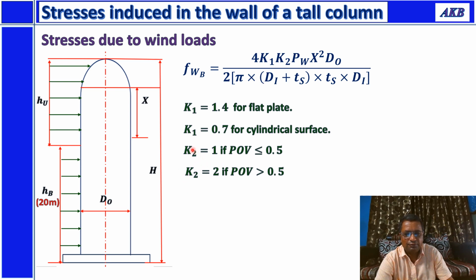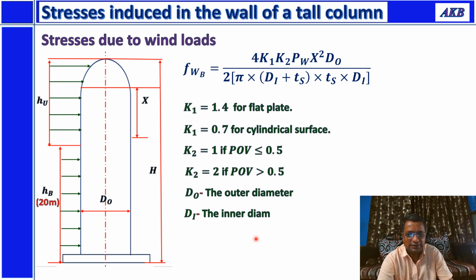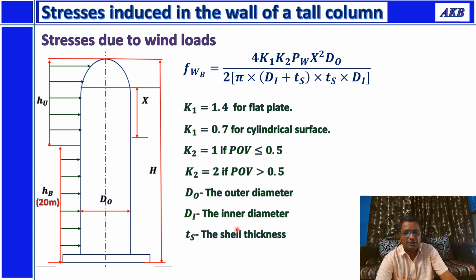Okay, so for deciding the value of K2, first you need to calculate the period of vibration and check whether it is less than or equal to 0.5 or greater than 0.5. So that needs to be analyzed. DO is the outer diameter, I have shown over here. DI is the internal diameter. TS is the thickness. Now these are very familiar terms: DO outer diameter, DI inner diameter, TS the shell thickness.